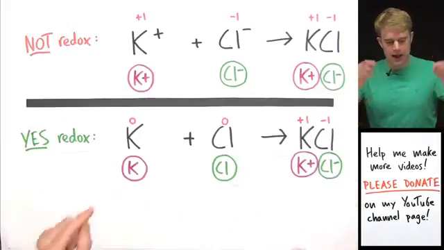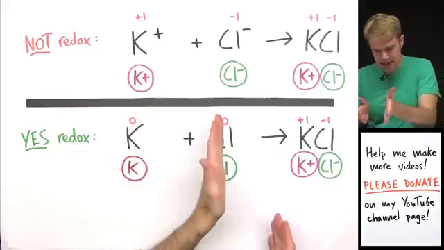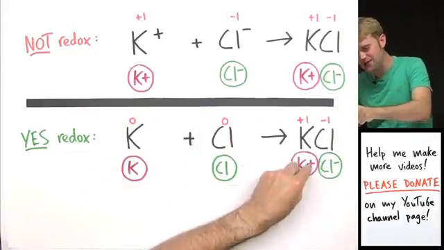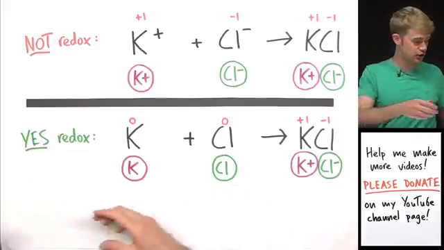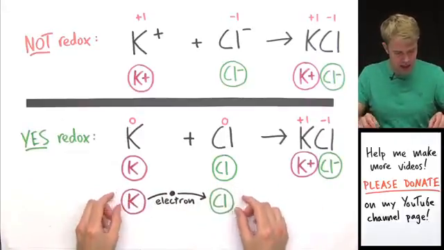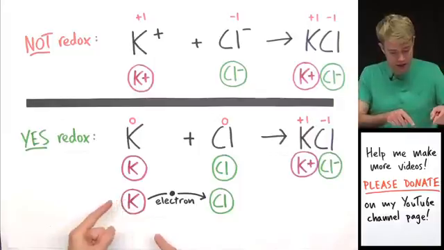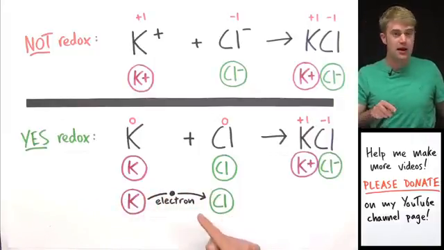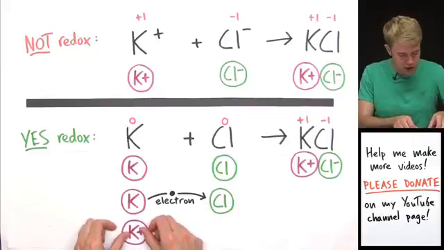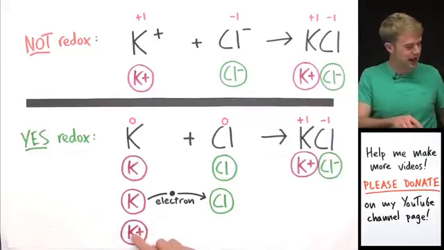So, in order for K and Cl to become K+ and Cl-, there has to be a transfer of electrons. So what happens is K, potassium, gives up one of its electrons, it gives it to Cl. K loses one of its electrons to become K+, or potassium 1+.